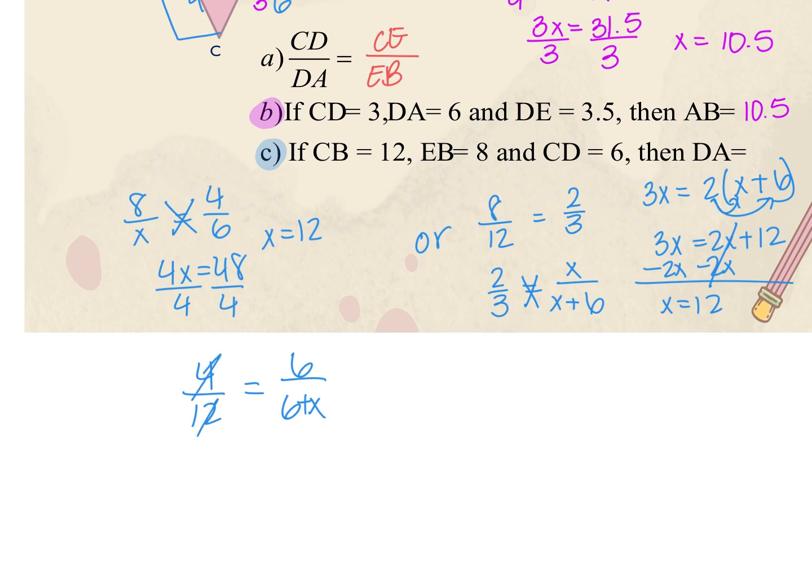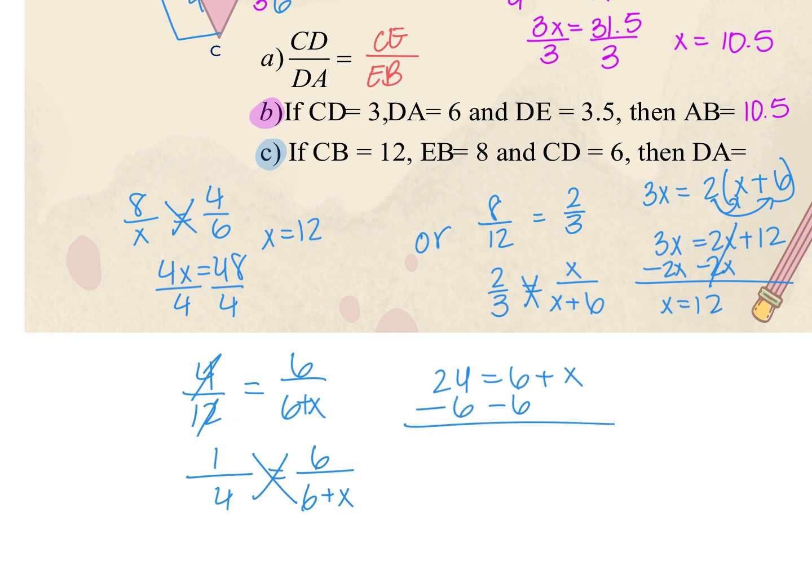So let's see, you could do 1 over 4 equals 6 over 6 plus x. See if you cross multiply, you're going to get 24 equals 6 plus x, subtract 6. No, I guess you can't do it this way. Or did I do something wrong?